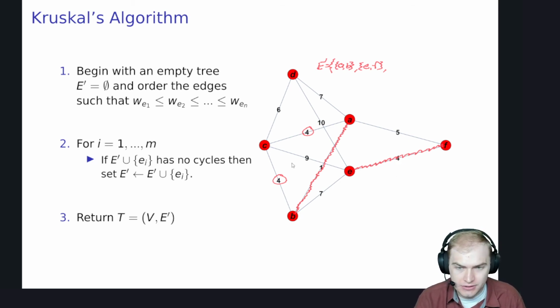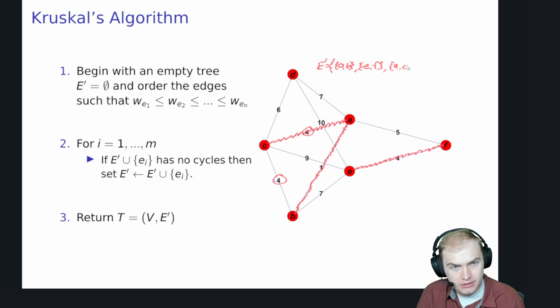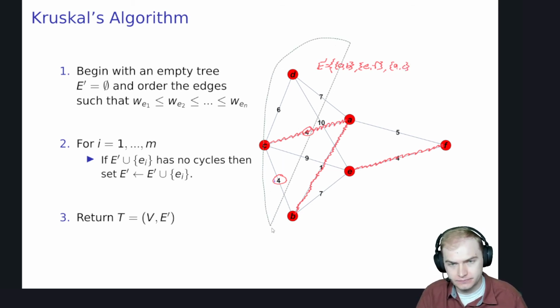Again, we have two edges, A to C, B to C. They both cost 4. I'm going to add A to C because I feel like it. Arbitrarily, it doesn't matter. Either will result in a minimal spanning tree. So A to C gets added.